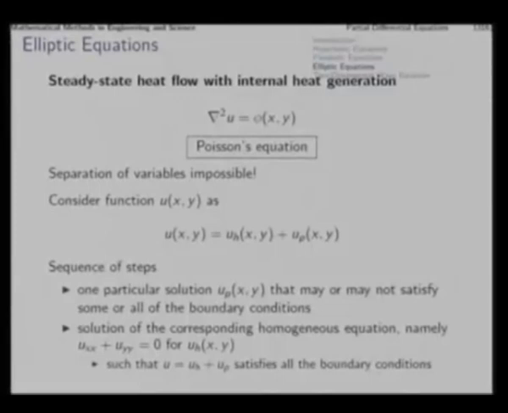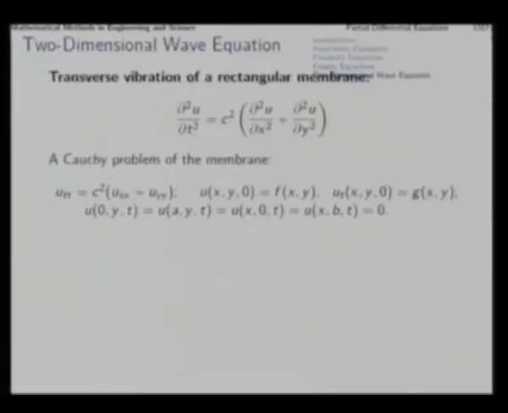Till now all problems that we have considered have been 2 variable problems. Suppose we have a rectangular membrane, rectangular because we want to keep the discussion simple. Otherwise the membrane could be of any shape. So, for a rectangular membrane, suppose the rectangular boundary of it is fixed, and then the membrane can vibrate.